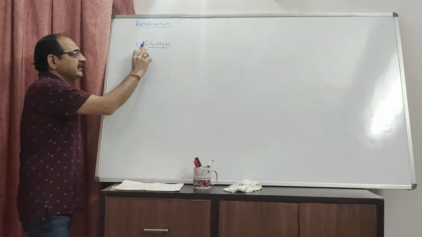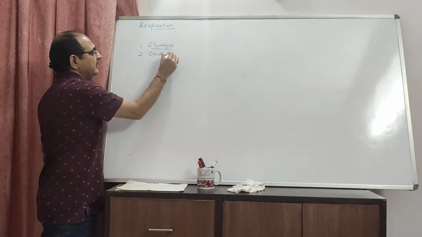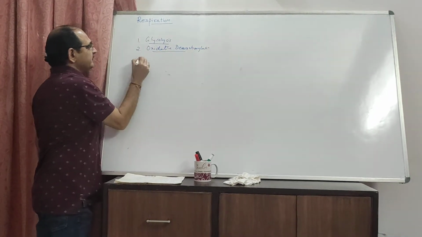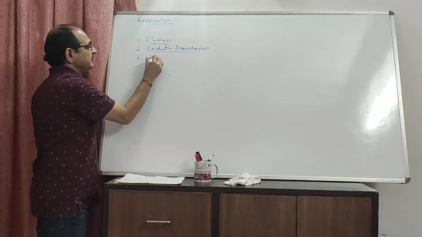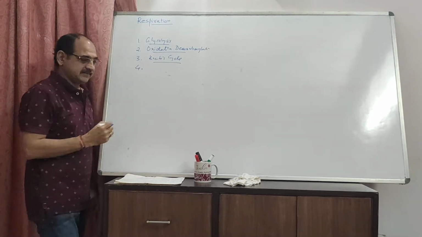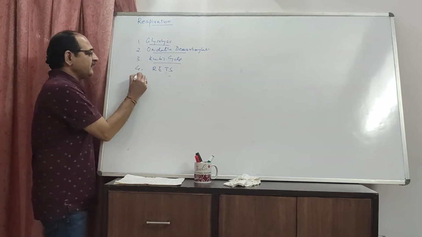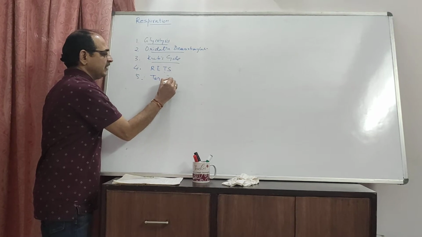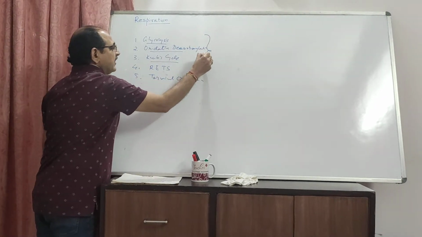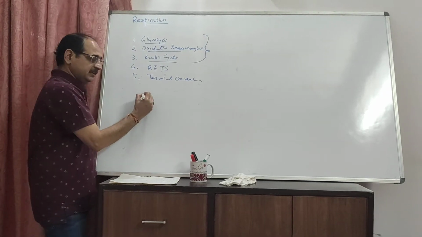Okay, so first part is the glycolysis, and this glycolysis is followed by oxidative decarboxylation, and the oxidative decarboxylation is followed by Krebs cycle. ठीक है, और उसके बाद में important step आता है, that is RETS, respiratory electron transport system, and finally there is the terminal oxidation.